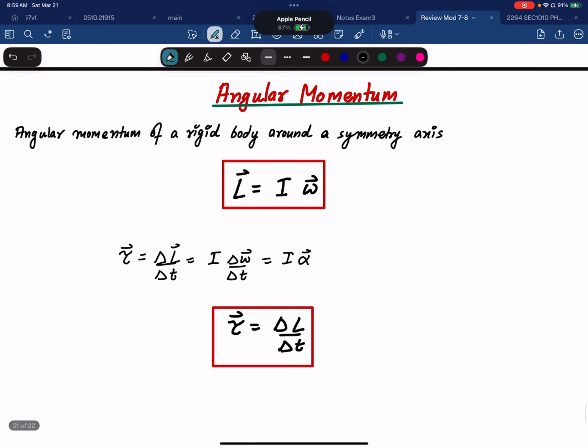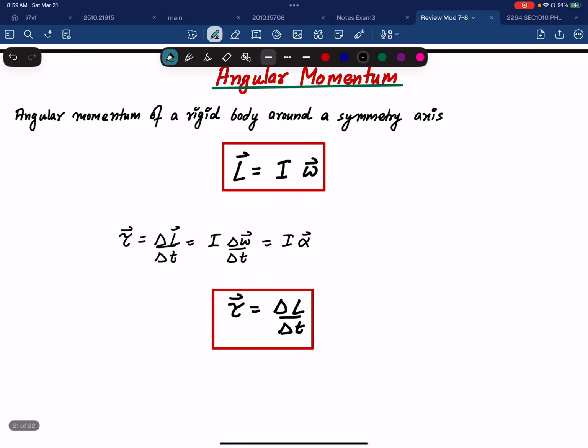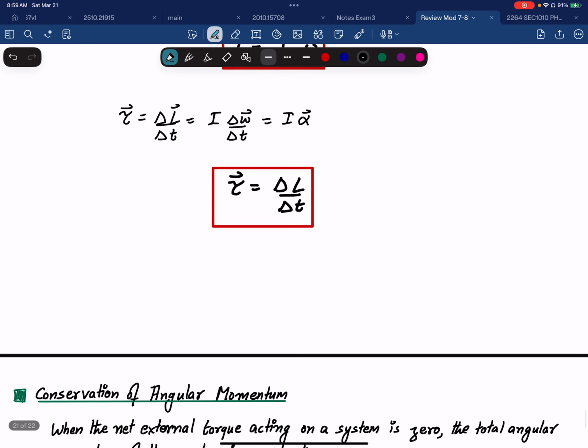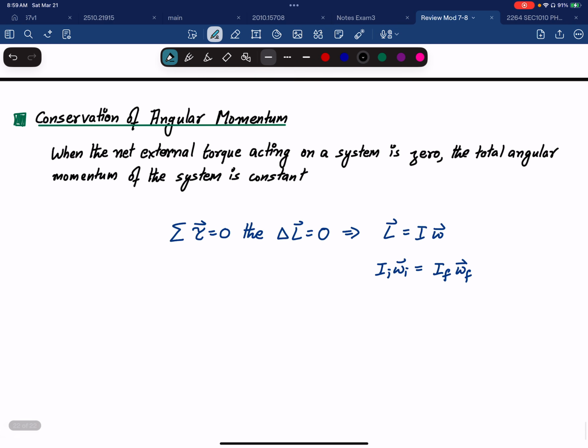Now again, going for Newton's first law, if you don't have a force applied on that object, there is no torque, and there is no change in angular momentum. Okay, which basically is this.